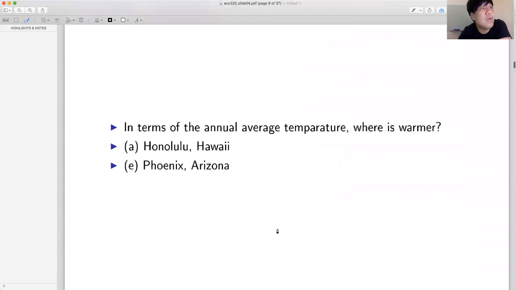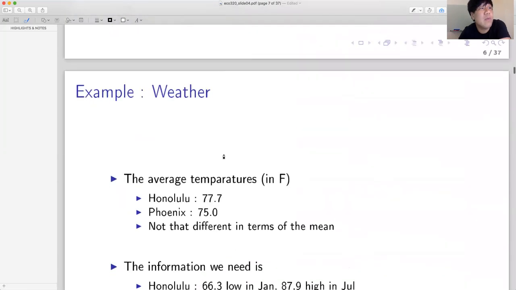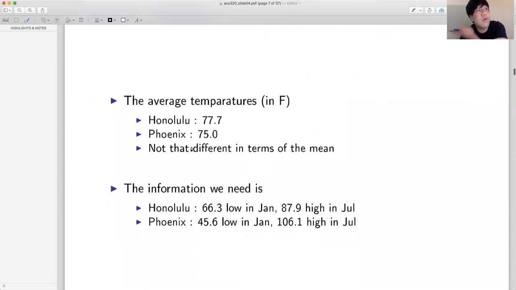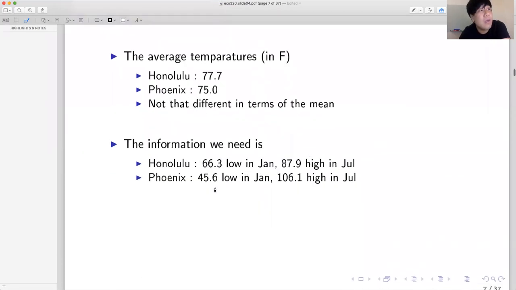So, two examples. In terms of annual average temperature, where is warmer? If we take a look at this data, Honolulu is about 77 Fahrenheit and Phoenix is about 75. Their averages are about the same. But the information we want to discuss is that the range of the weather is much higher, 45.6 to 106, in Phoenix.